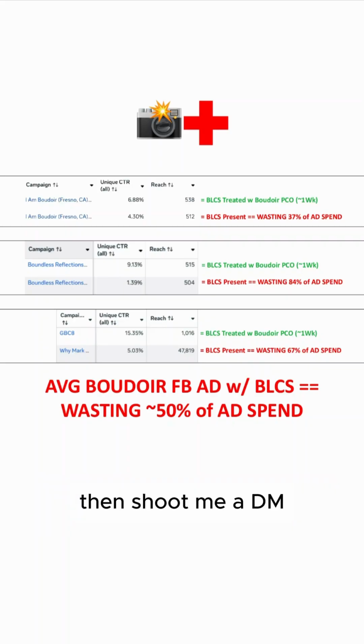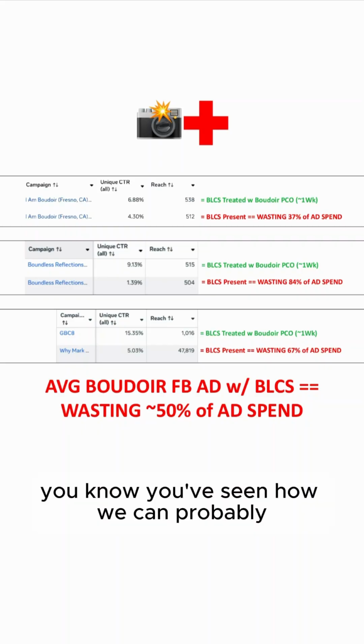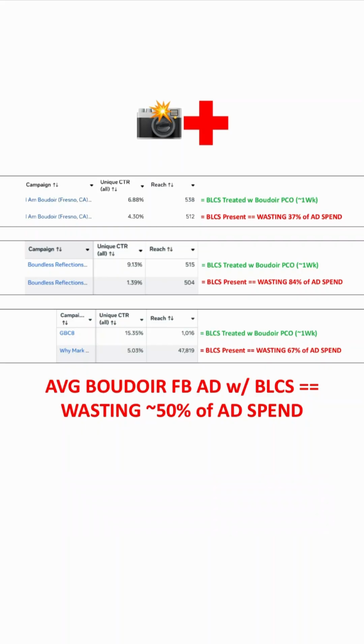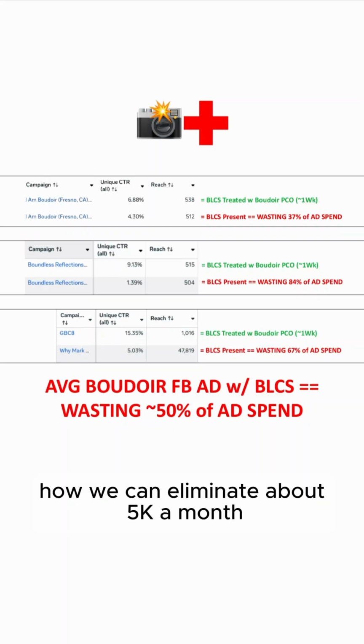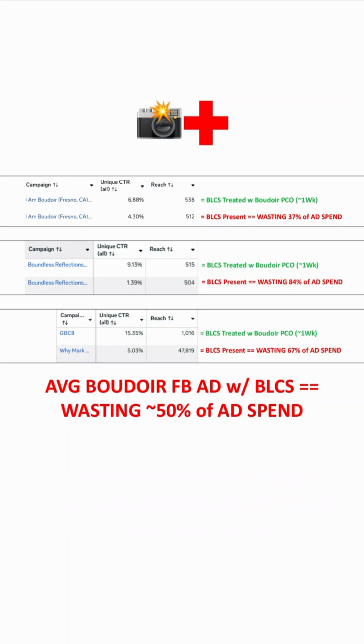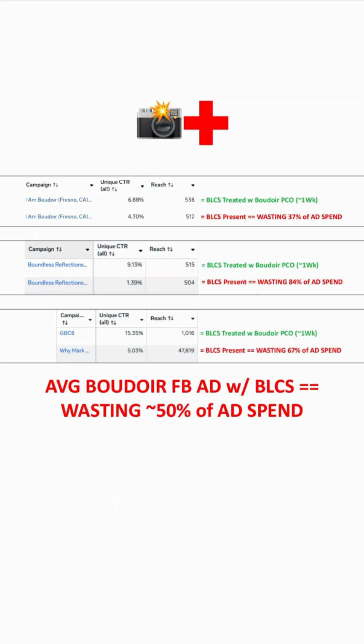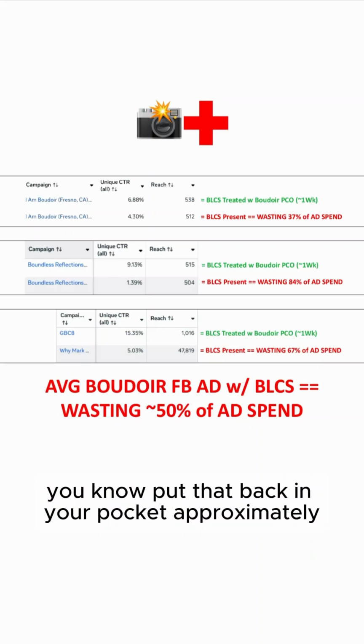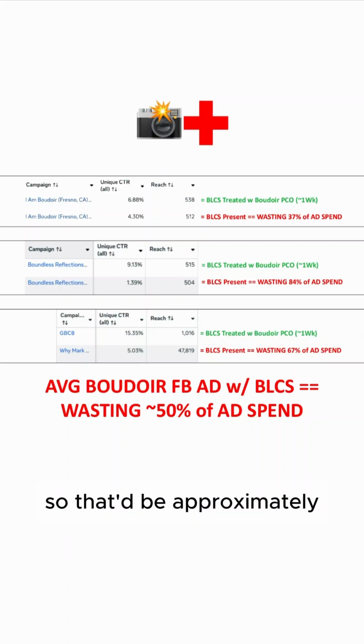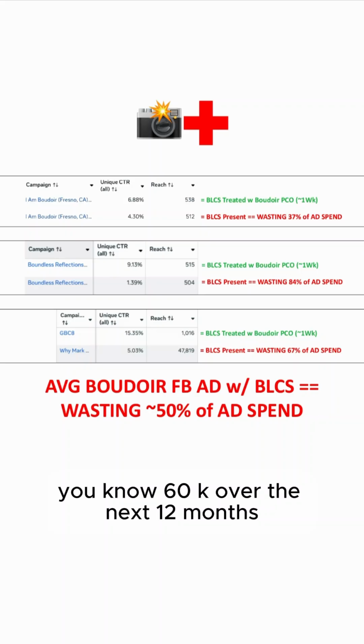Then shoot me a DM. Well, actually, you've seen how we can eliminate about 5K a month in wasted boudoir Facebook ad spend. Put that back in your pocket, approximately 60K over the next 12 months.